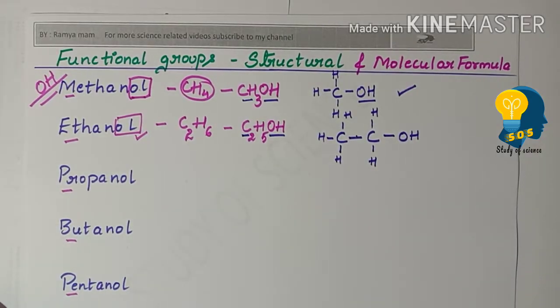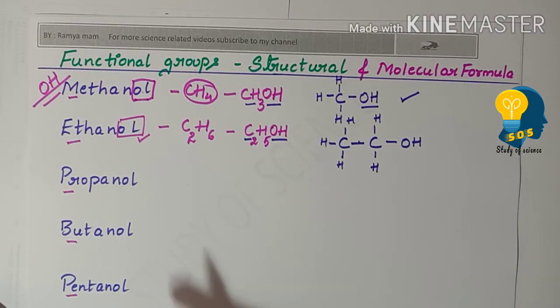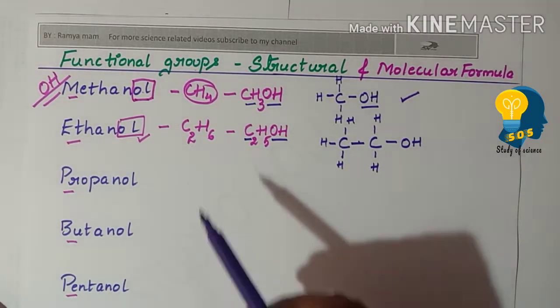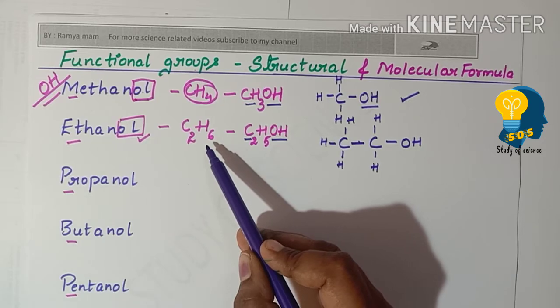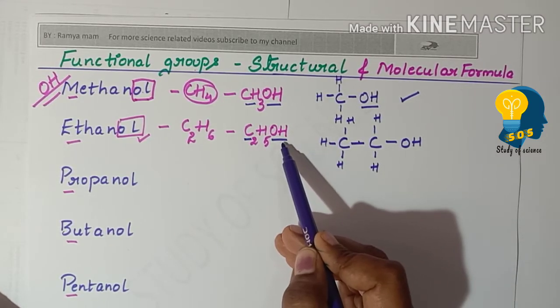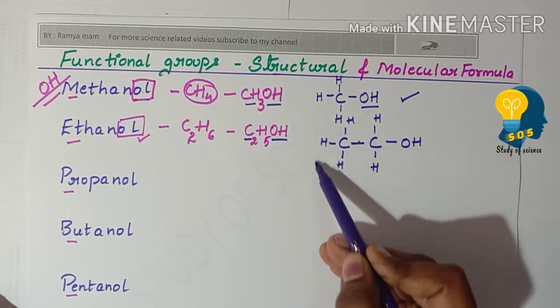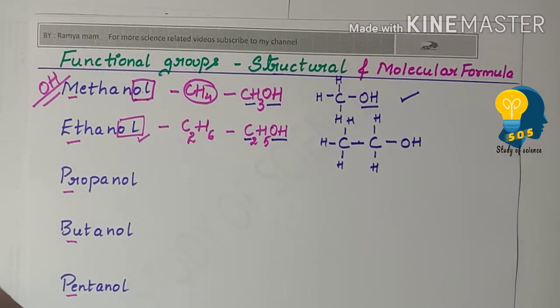This is how we write the structural formula for ethanol. Very easy. If you know the molecular formula of ethane, you can write ethanol by adding OH to it, right? By looking at the molecular formula, it is very easy to write the structural formula.